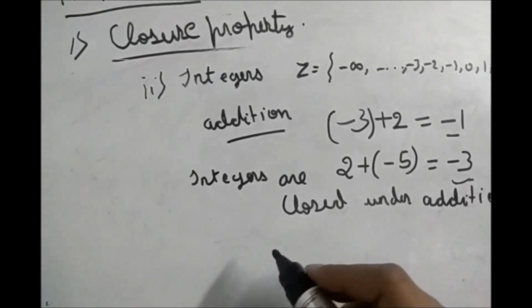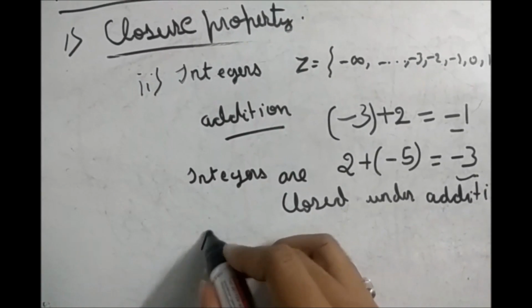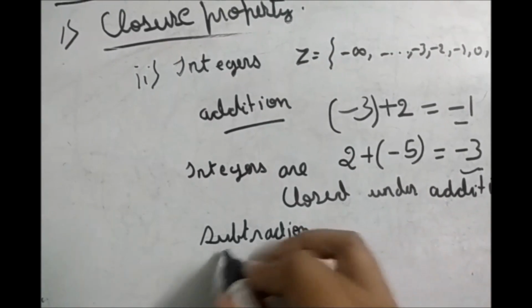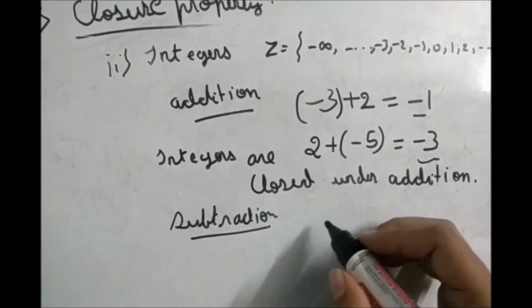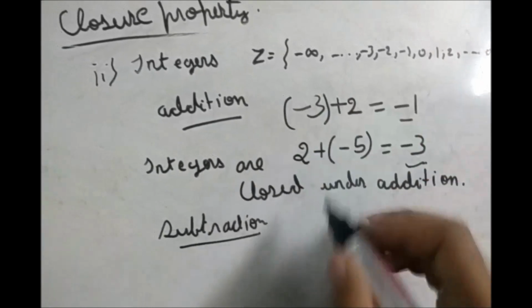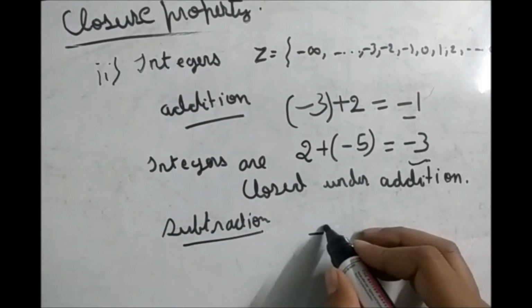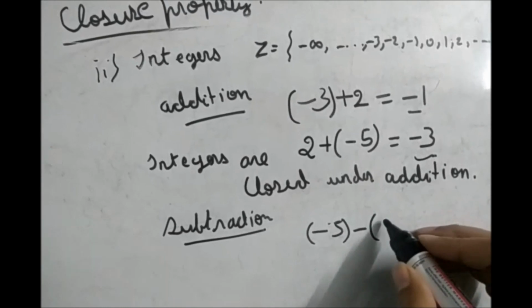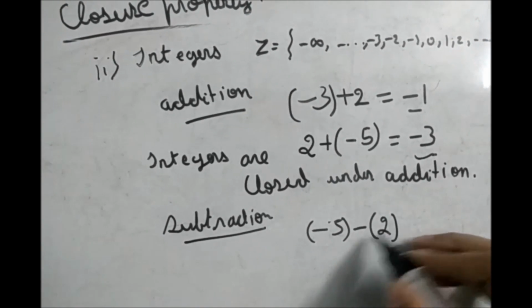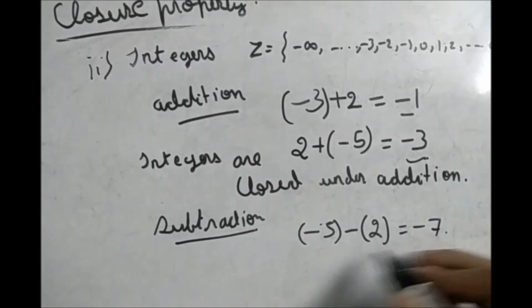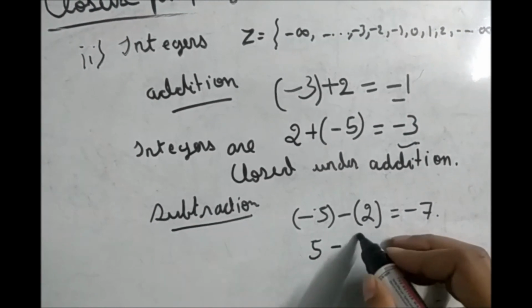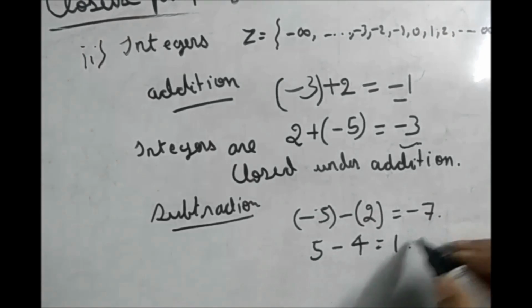Now if we take subtraction, we can take any element from the set. Let me consider minus 5 minus 2, which will be equal to minus 7, and let me take 5 minus 4, which is equal to 1.